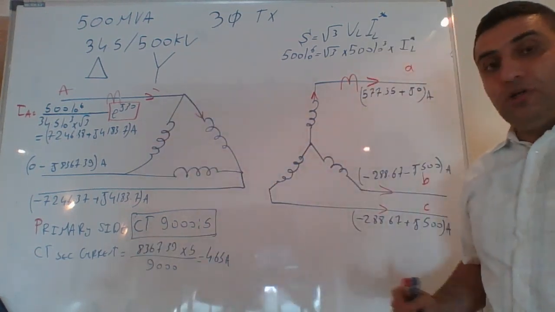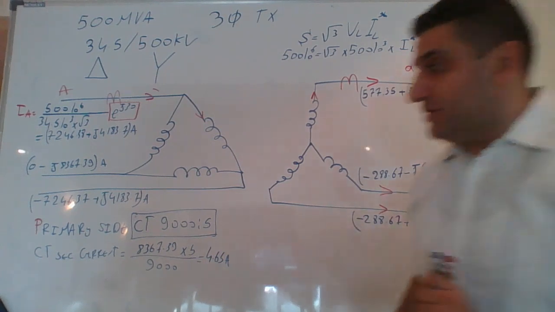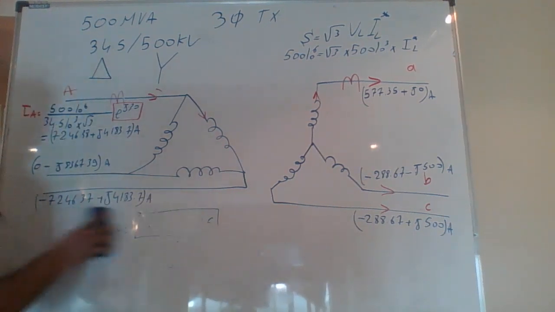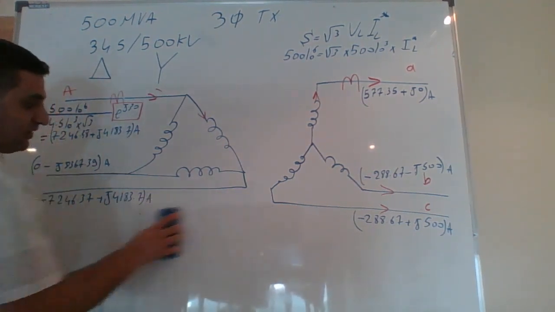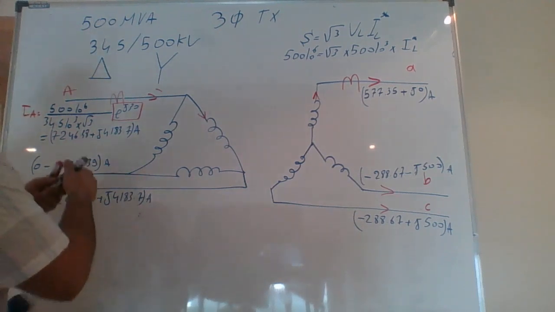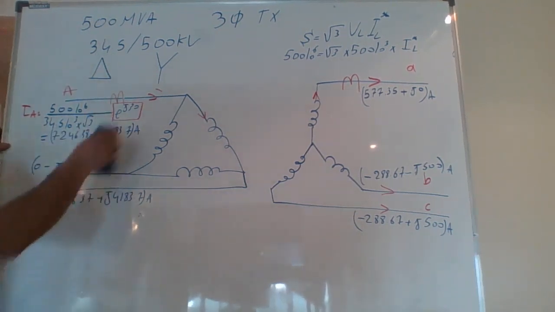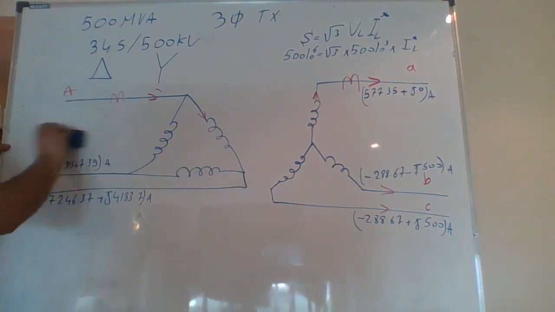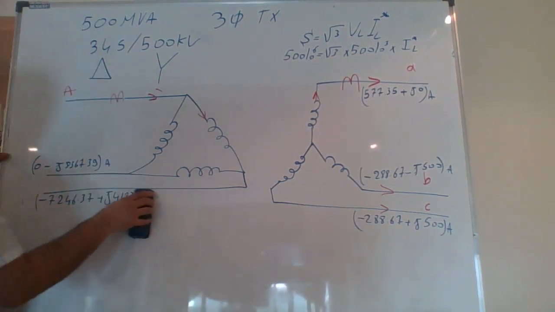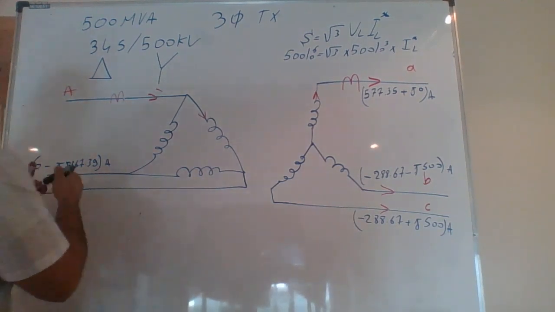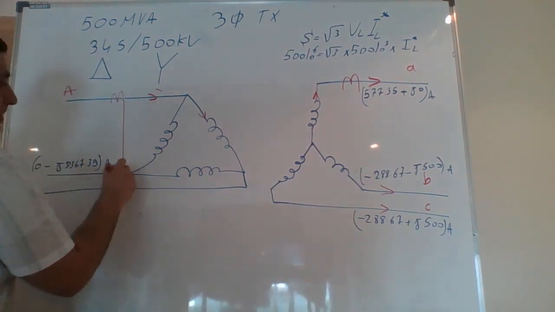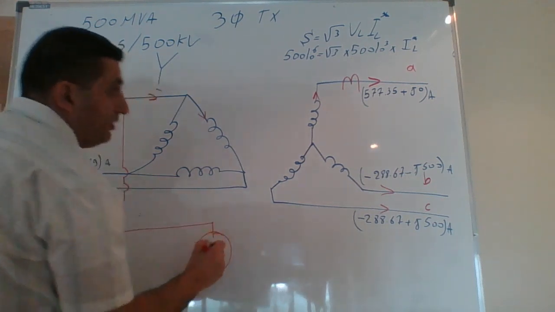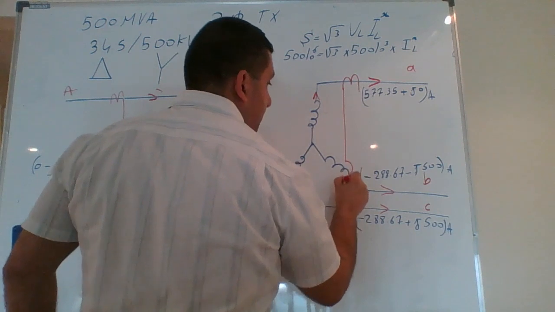Now, remember, this current needs to go down to a relay. Let me draw this for you. Allow me to remove this so I can draw it. Just remember, the current is 4.65 amps. This current in here is going to go to a relay, same for this current.